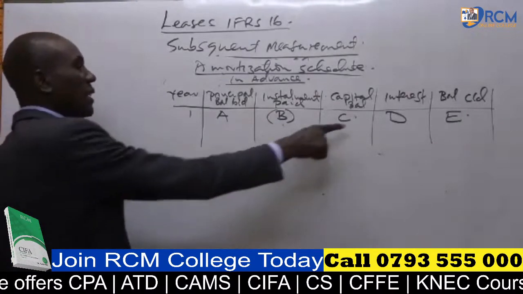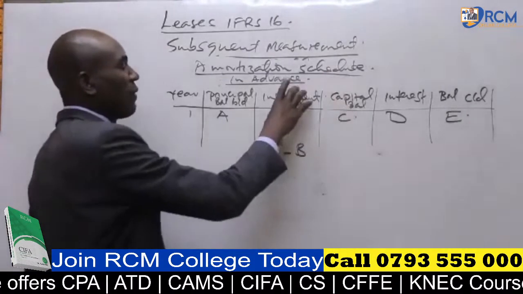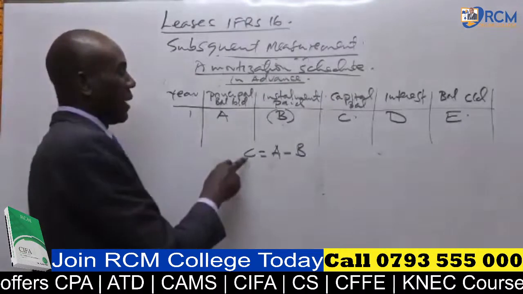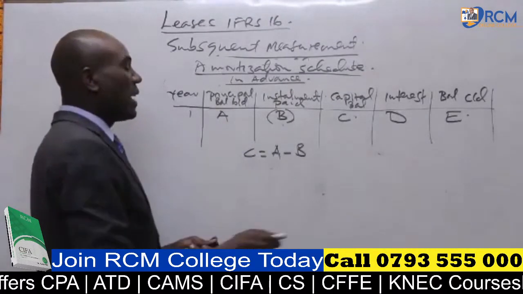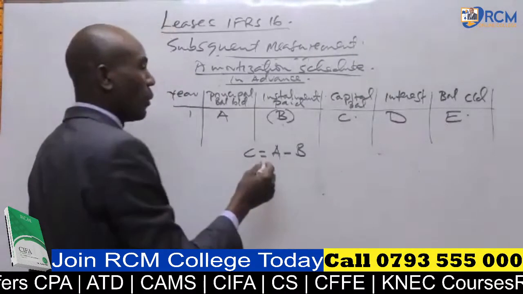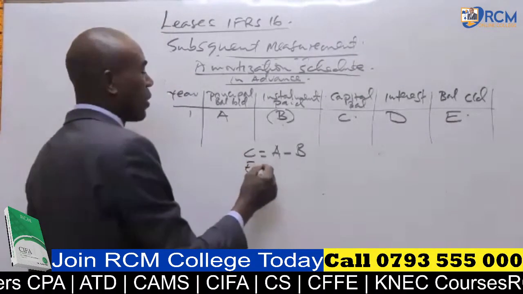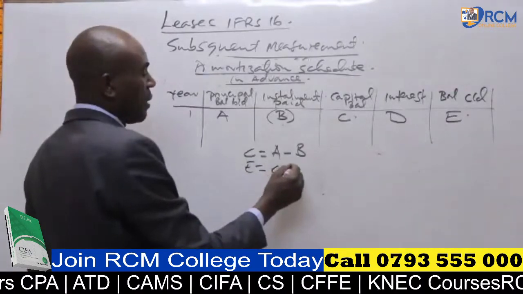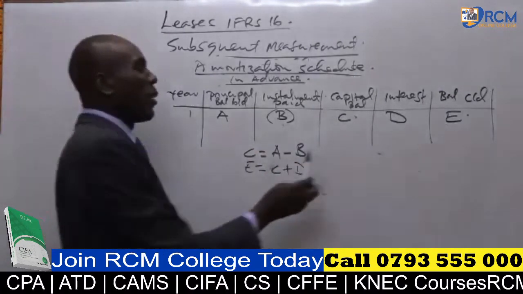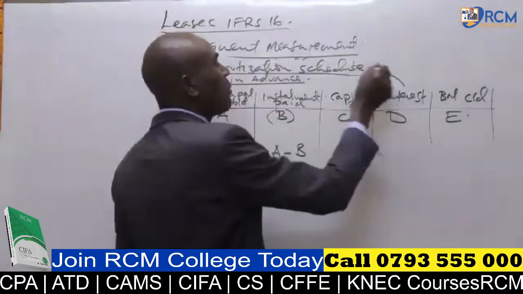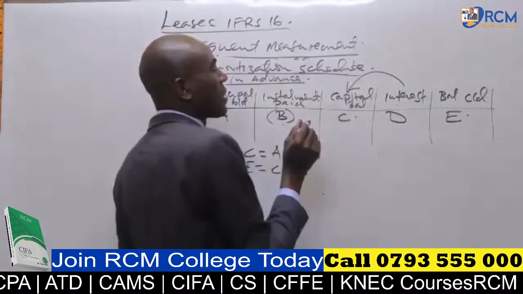Then C, what is remaining after I have paid the installment? C equals A minus B. Then E, which is the balance carried down, equals C plus D.